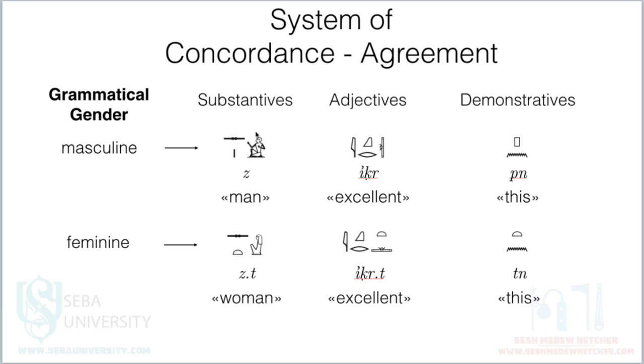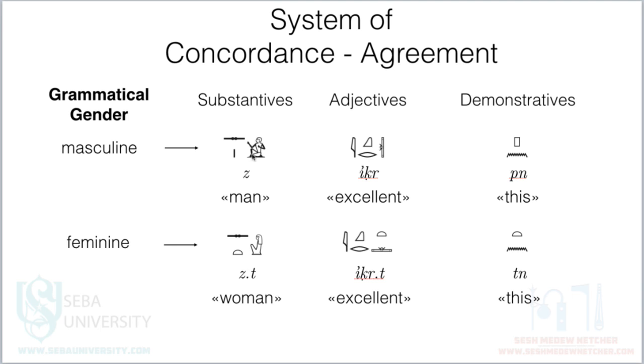So when I want to describe this man with an adjective such as excellent, which in the language is eker, this particular adjective also has to be masculine and singular. So this is what's meant by concordance or agreement.